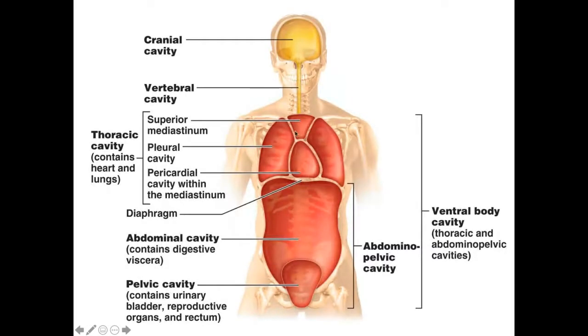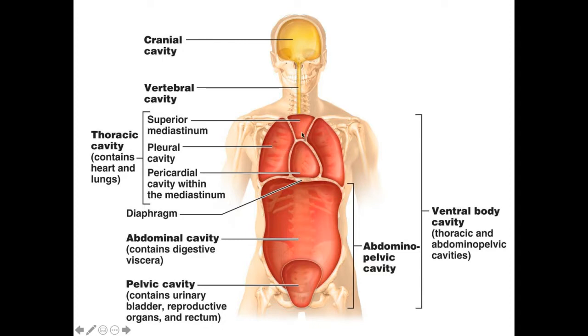Here's the mediastinum right here. The mediastinum is the space where you have the esophagus and the trachea. It's the space that's deep to the sternum, but anterior to your vertebral column and between the ribs.